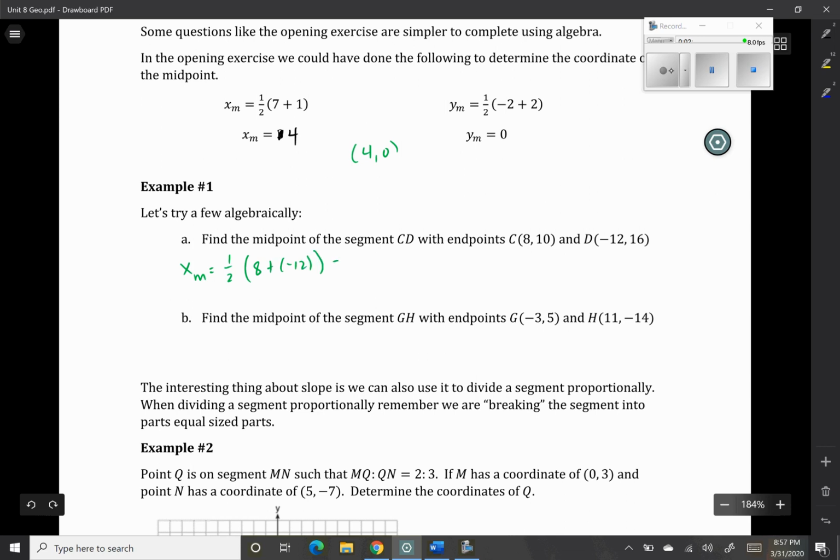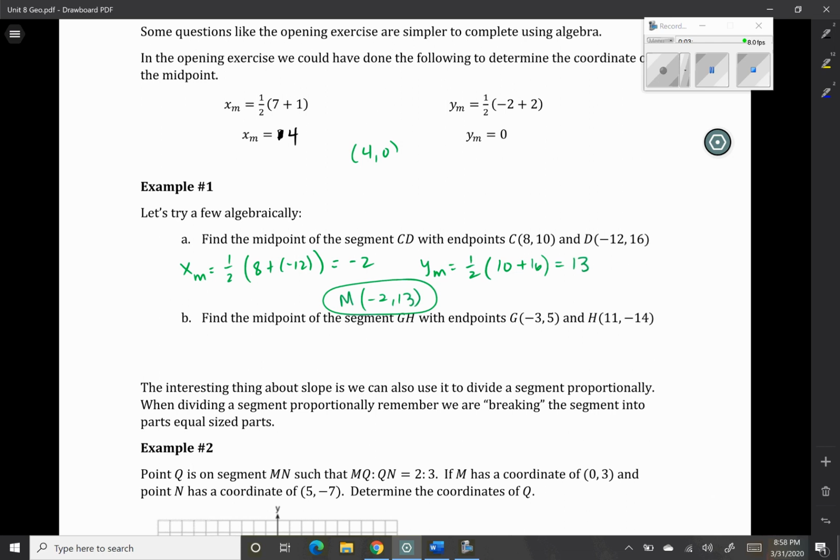If I type it in your calculator, you're going to wind up getting a value there of -2. If you do the same thing for the y-coordinate, take half of the sum of the y-coordinates, you would wind up getting 13. So the midpoint is (-2, 13).